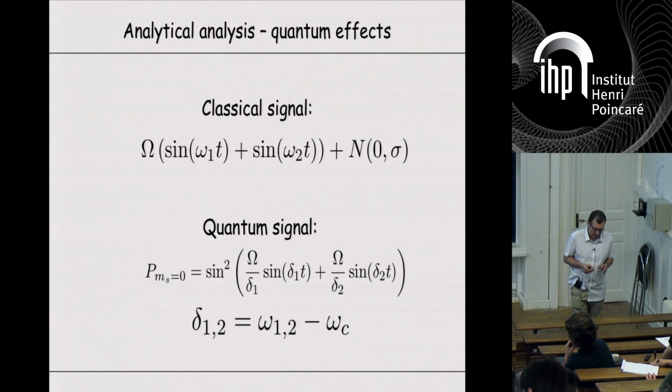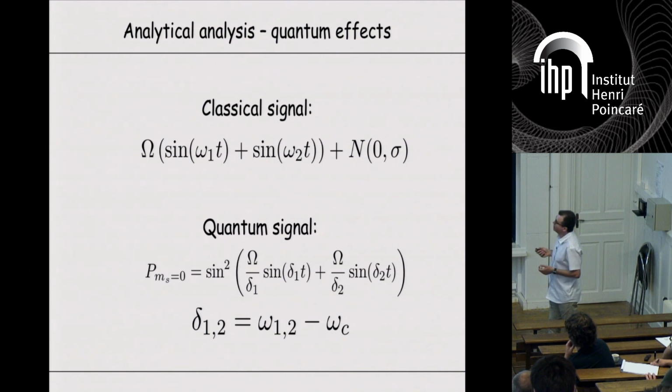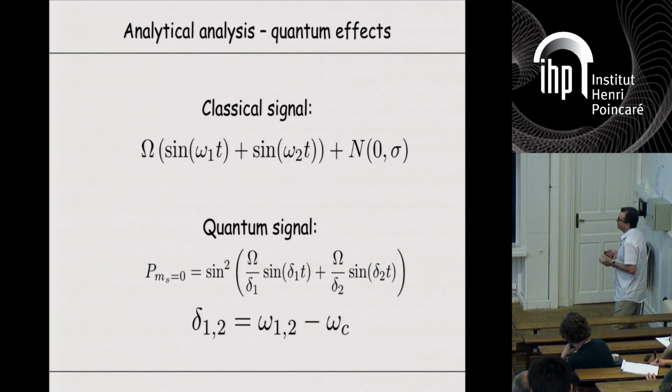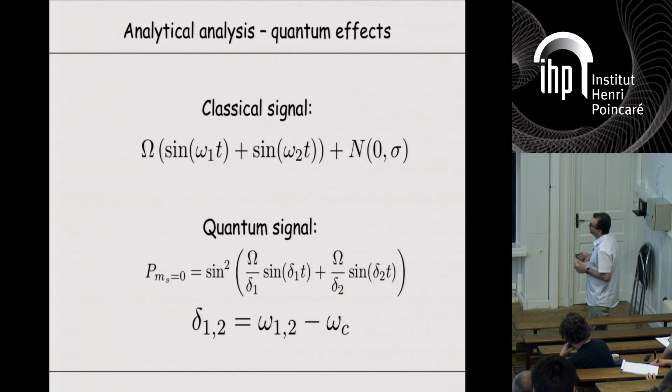Let's suppose this is the toughest problem we have, and the signal is actually the same signal. So this is what an NMR machine sees. It sees two frequencies with Gaussian noise. What happens in the quantum NMR machine?